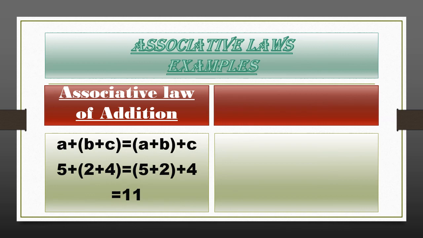Let A, B and C be three numbers. Then A plus (B plus C) is equal to (A plus B) plus C. Now let A be 5, B be 2 and C be 4.